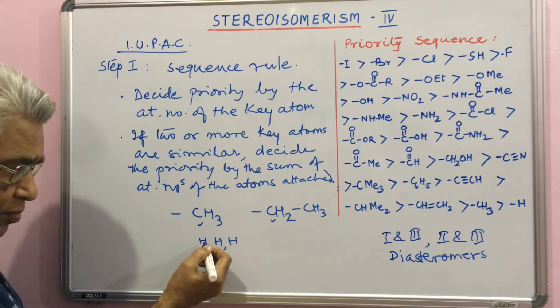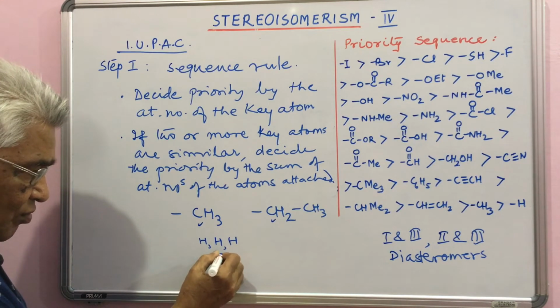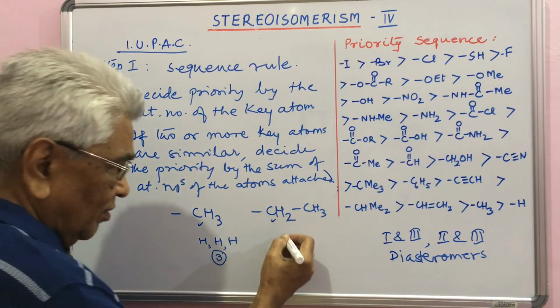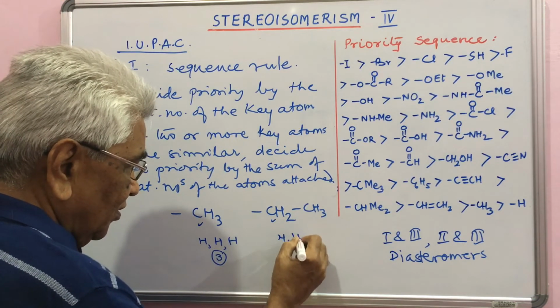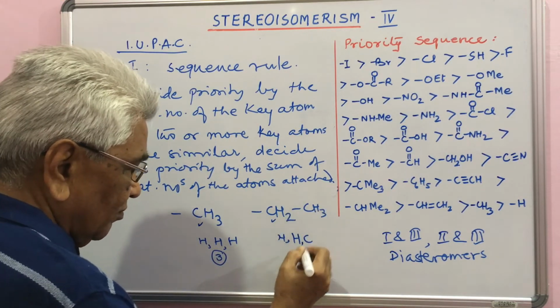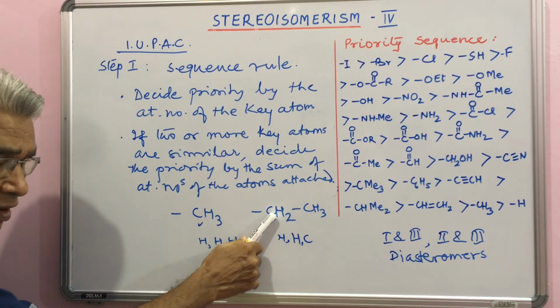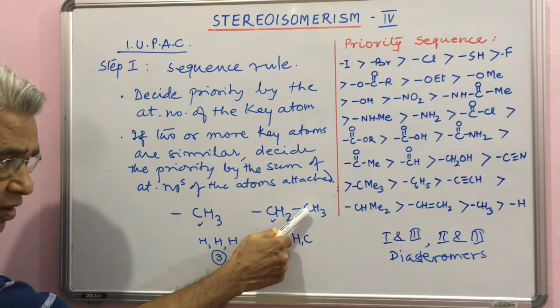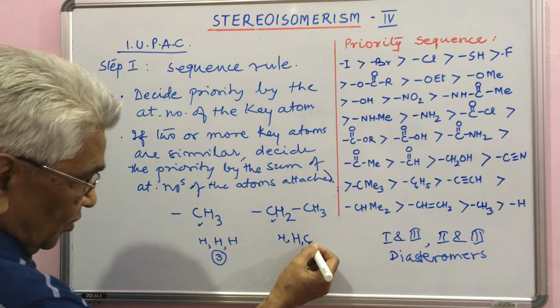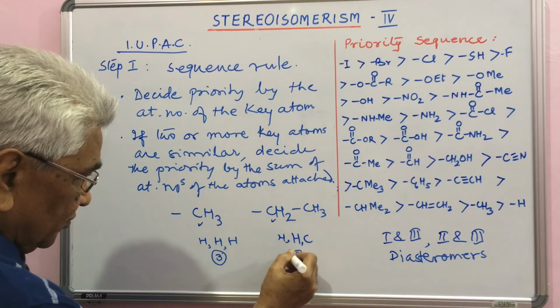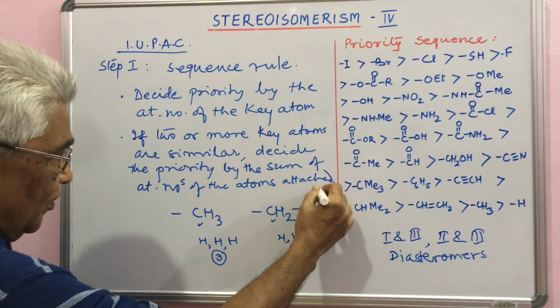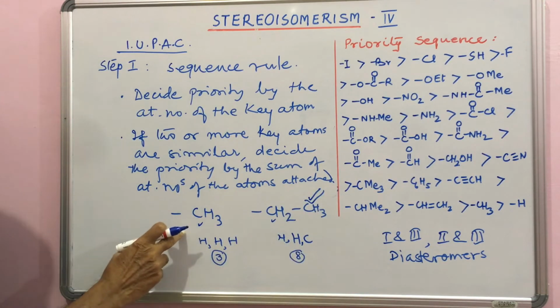The sum of the atomic number is 3. Here H and 1 carbon. Directly attached atoms are to be seen, 2H and this C. So here 6 plus 2, 8. So this is of higher priority than the methyl group.